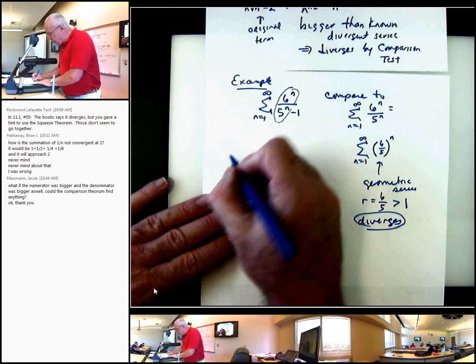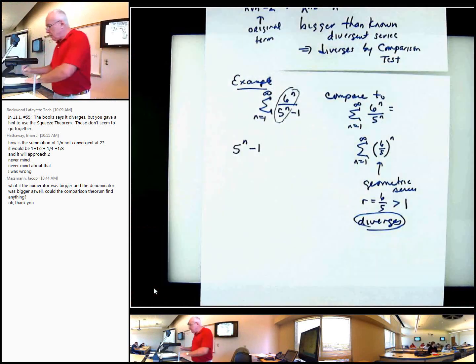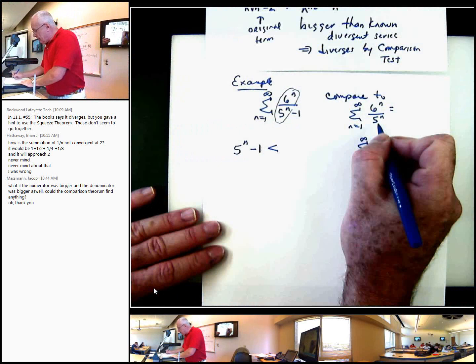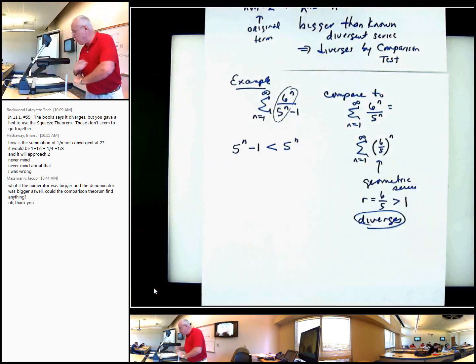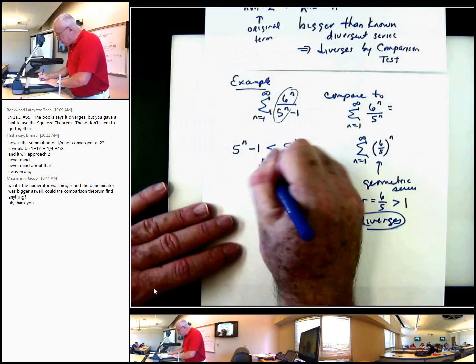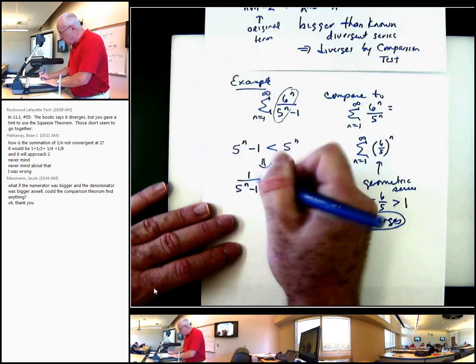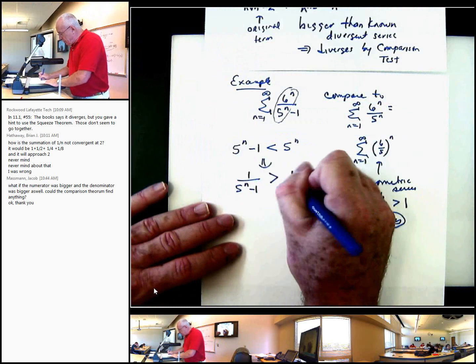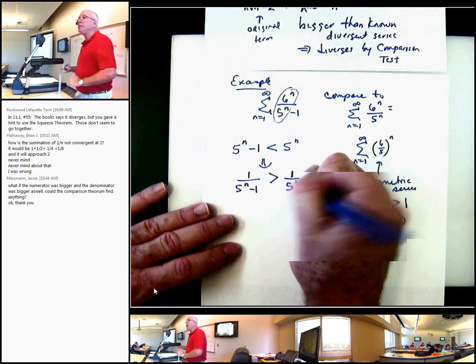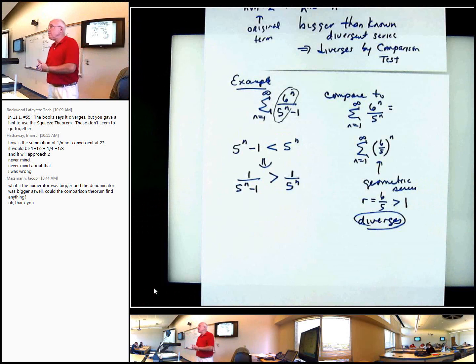Now let's look at the denominator, 5 to the n minus 1. That, of course, is less than the denominator of our known divergent series, 5 to the n. And so when we flip it into the denominator, 1 over 5 to the n take away 1 is going to be bigger than 1 over 5 to the n. Again, a smaller denominator gives us a bigger number.